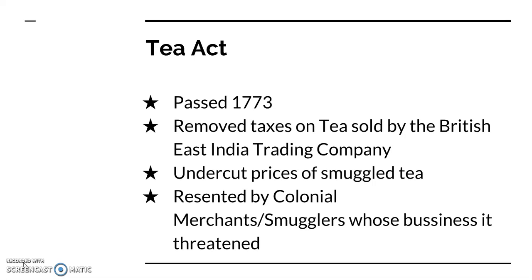Now, this undercut many of the smugglers in America who made a living smuggling in the cheaper Dutch tea. It also hurt businesses that didn't have this special consignment deal. They couldn't sell what was now the cheapest tea in the country. And this caused them to feel their business was being threatened.